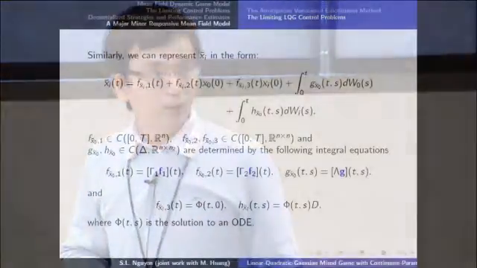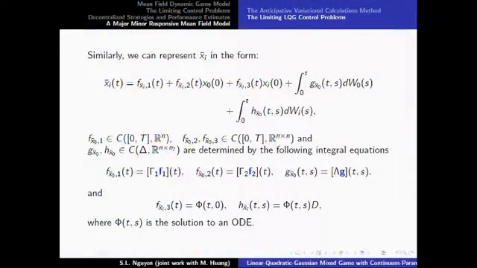X naught bar also has this form where the first function is a function of f1, and the second function is a function of f2, and the last function is a function of j. And similarly, the dynamics of the minor player also has this representation.